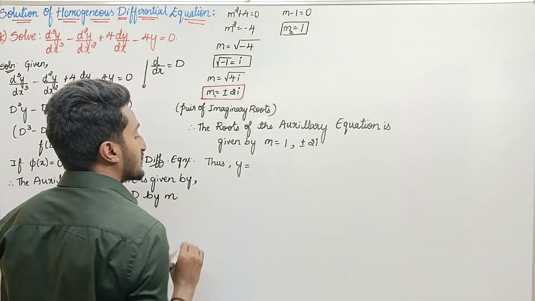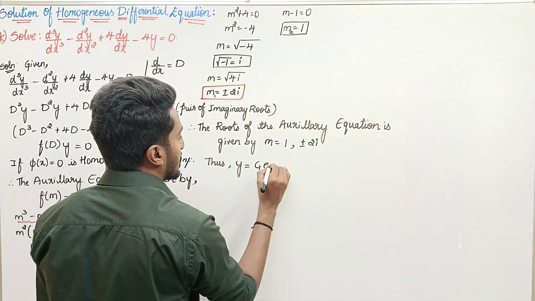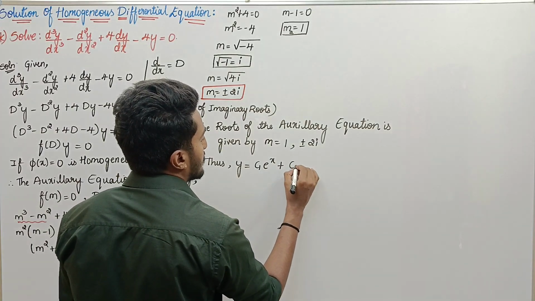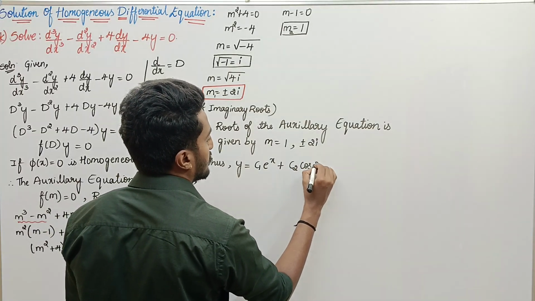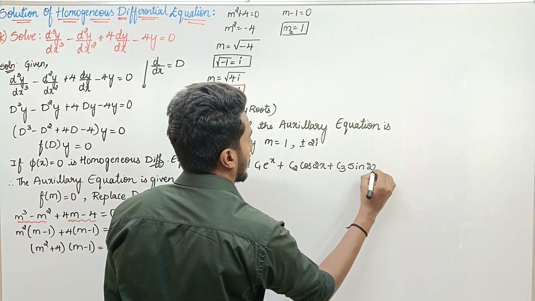Thus, y. Now let us represent this solution. y equals c1 e power x for the first root, plus for the imaginary roots c2 cos 2x plus c3 sin 2x.